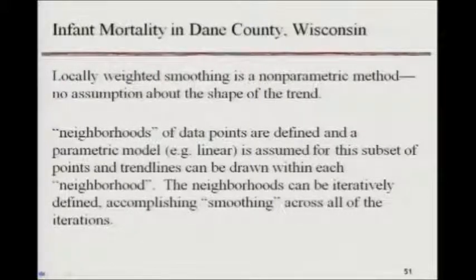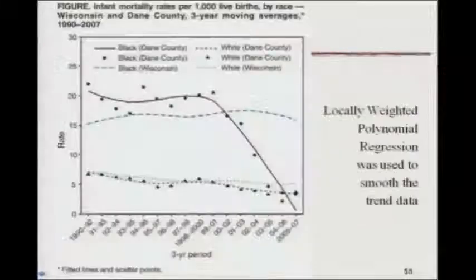This is a more assumption-free method, and it looks at contiguous data points in groups, and then runs parametric models just in those neighborhoods. As the analyst, you can help define which contiguous points you're going to look at, and then you can draw the trend lines.